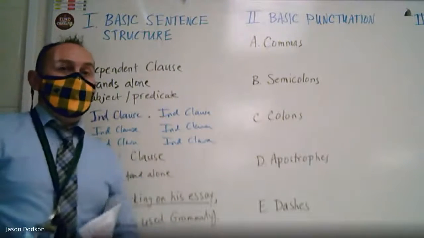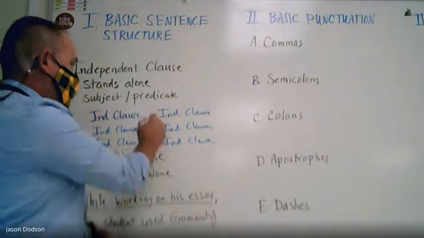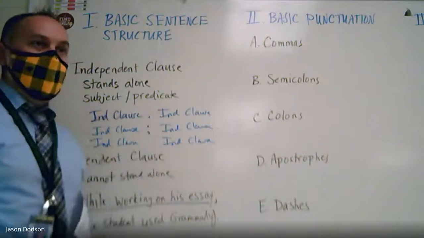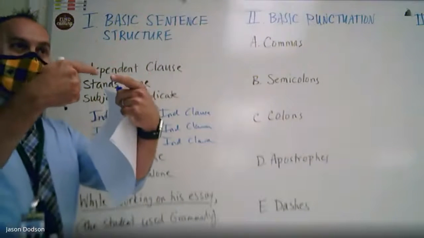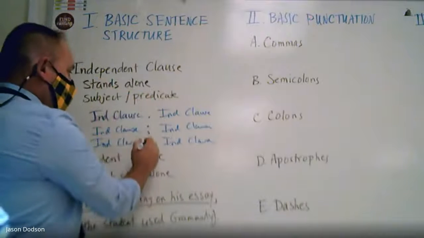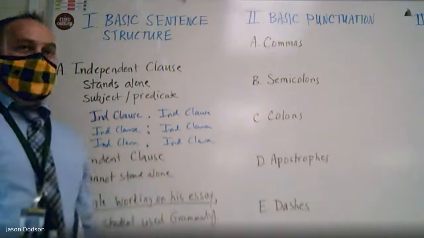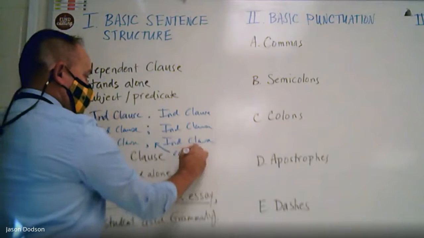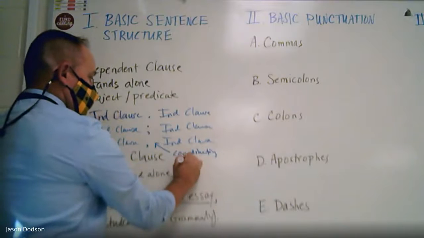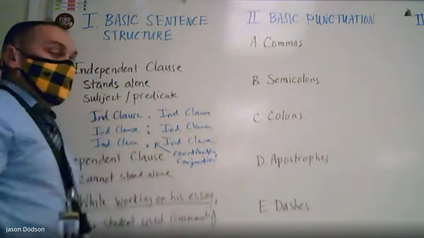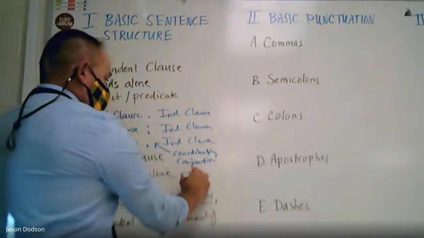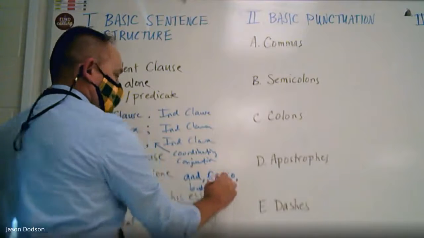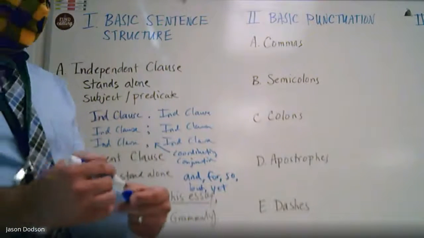Period would be one. So just end punctuation between two independent clauses, that is correct. Semicolon would be another way. Two independent clauses can be joined by a semicolon. The third way is a comma, but not just a comma. You also have to have a coordinating conjunction. Examples of coordinating conjunctions: and, for, so, but, yet. Okay, those are all coordinating conjunctions.